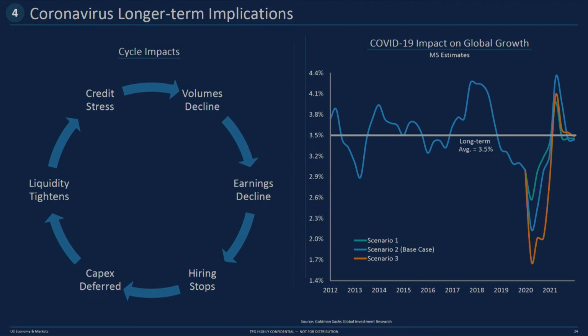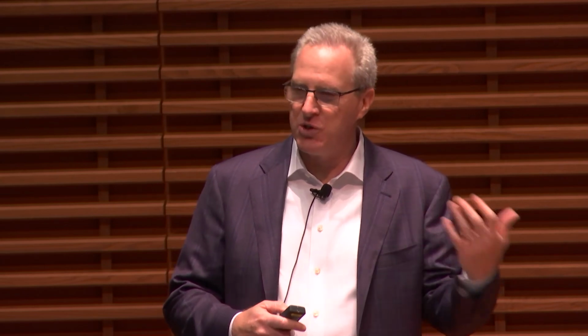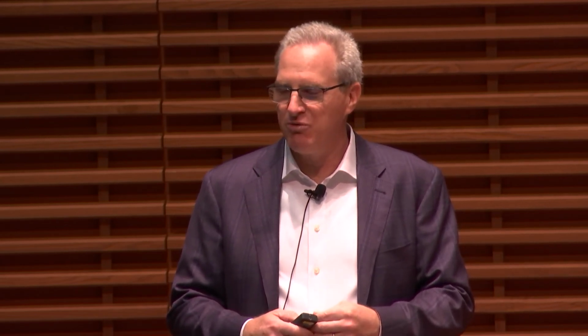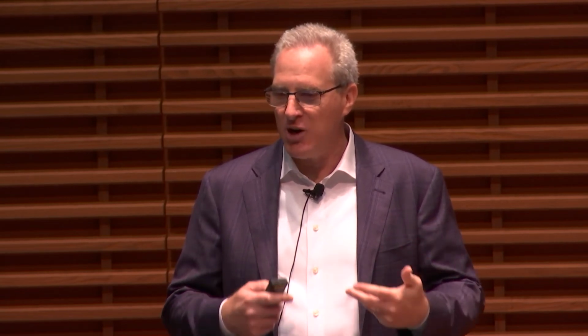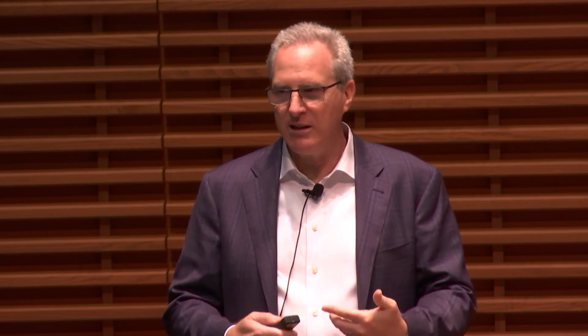But from my perspective, it's fair to say that the ultimate impact on the economy is really hard to predict because we just don't know how long it will last, and we don't know how people's everyday behavior will be impacted. When Stanford University tells its students not to come to class, when Harvard University tells its students to vacate the dorms, there's a lot of strange stuff that's occurring, and I don't think we know today what the behavioral impact is going to be and how long it's going to last.